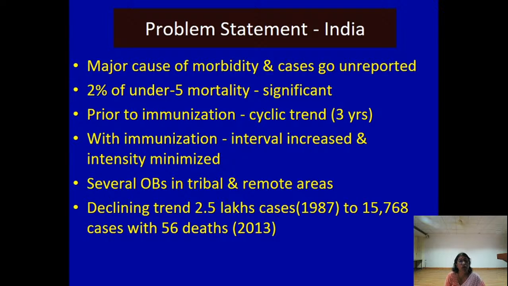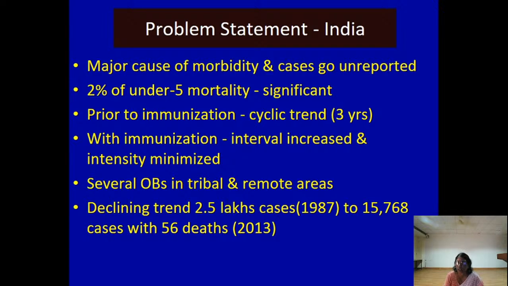These outbreaks usually occur if there are a number of susceptibles in the community. Susceptibles means unimmunized children. Then there are more outbreaks, and these outbreaks are usually in tribal and remote areas. It may be because access to immunization may not be there, or because of beliefs, values, etc. That's why outbreaks are usually reported from tribal and very remote areas.